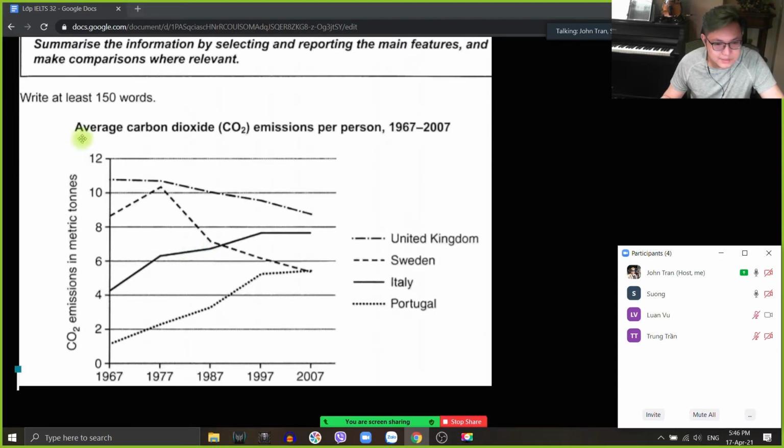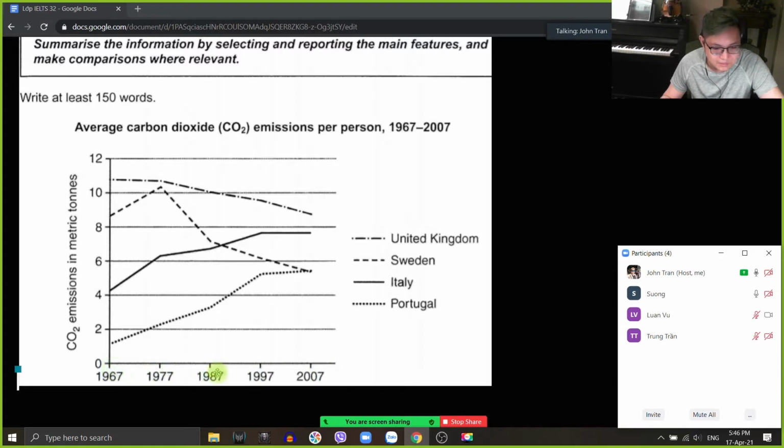Okay, now class, please look at this graph. Các bạn nhìn vào cái hình này đi. So, this is average CO2 emission per person, 1967 to 2007. Cái này là từ năm 67 cho đến năm 2007. So, you can see 67, 77, 87, 97, and 2007.